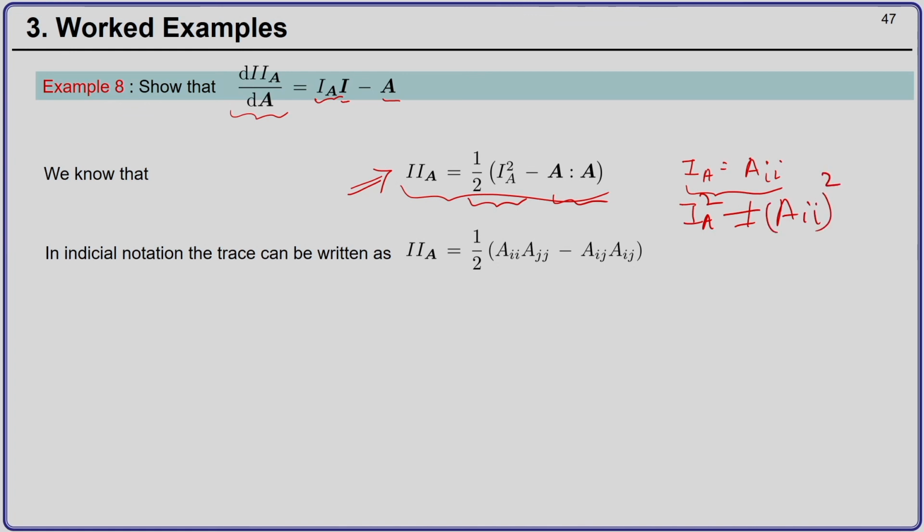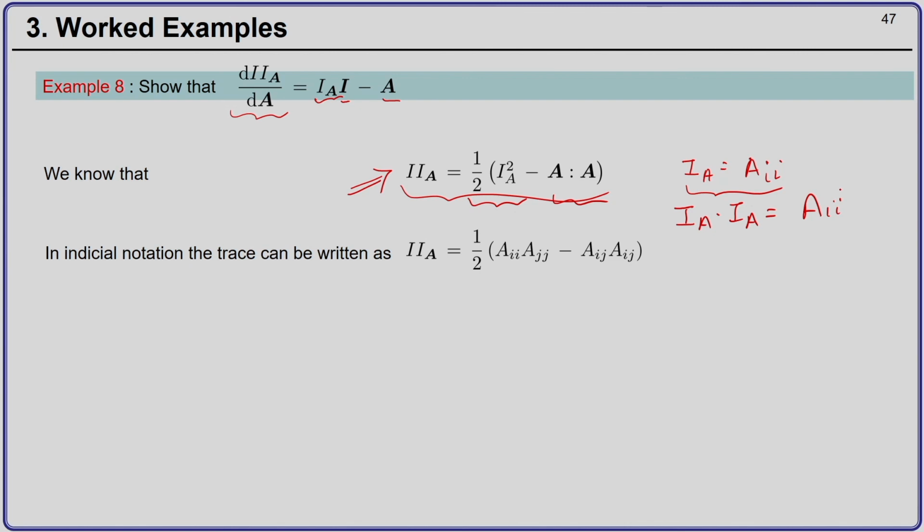I told you that you should not write the square of a tensor in indicial notation. So, if you have to write I_A squared, you have to write I_A into I_A, and then you have A_ii.